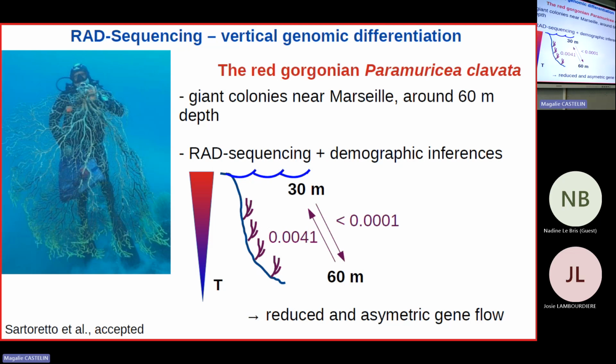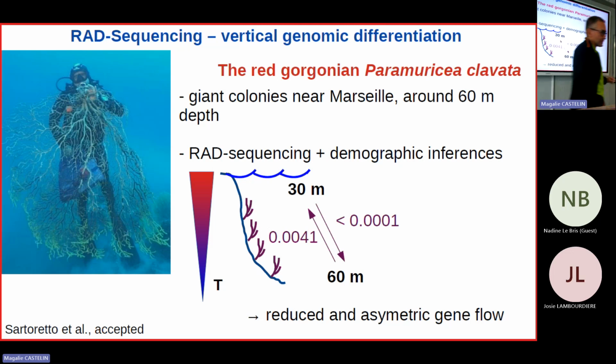So the exchanges among them are quite rare each generation. And these are asymmetric. That means that we have more larvae probably coming from 60 to 30 meters than in the reverse direction. And this would be useful to complement with other populations in the area, but it will be another work.